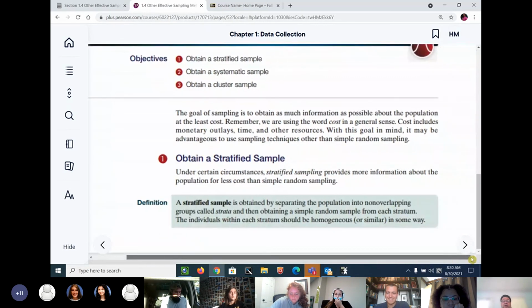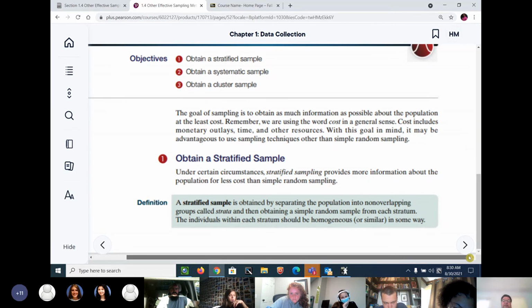All right. A stratified sample is usually when the individuals within a stratum should be homogeneous in some way. So let's say that I decide to do all the elementary schools in District 5. I survey all the students in the elementary schools in District 5.